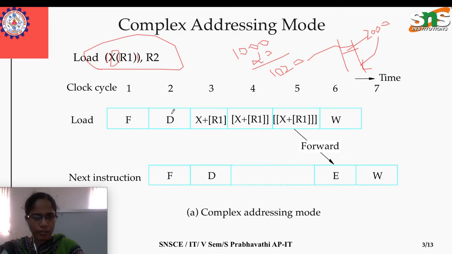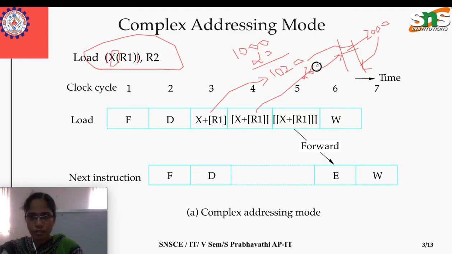Fetching and decoding, no issues, only in this calculation purpose, because during the execution stage of the pipeline the calculations are happening. So here this calculation will happen. For this calculation it will take one clock cycle, and so here next to fetch this in address 1020, we need to fetch its content, and the content returned is 2000.